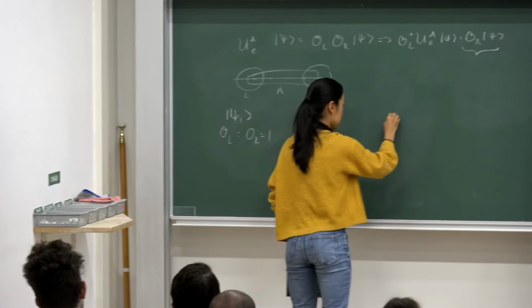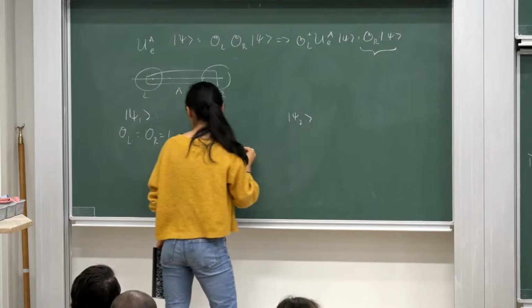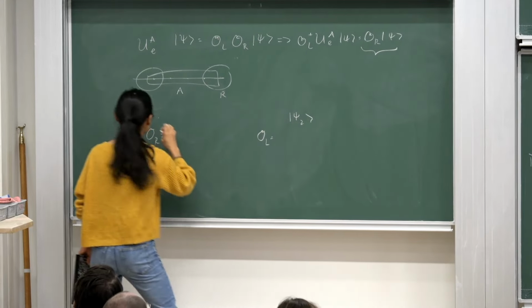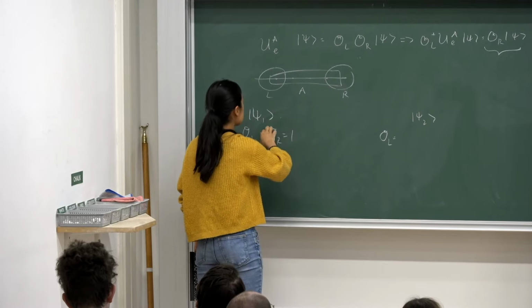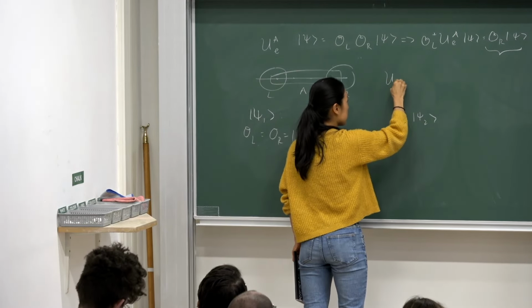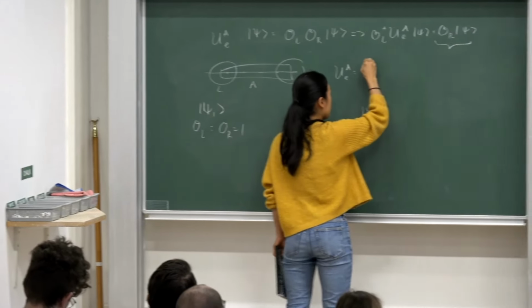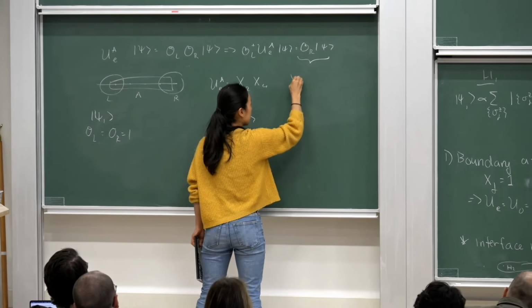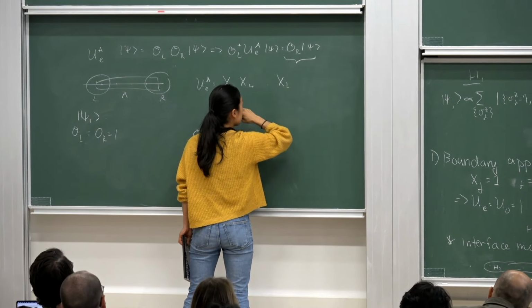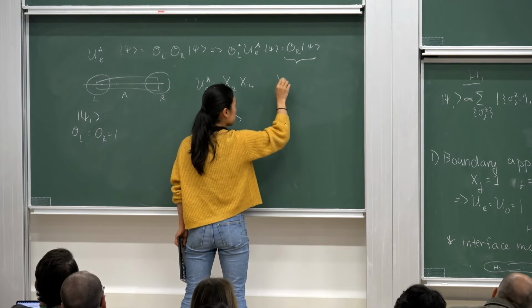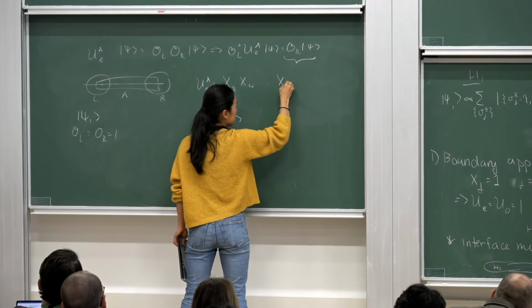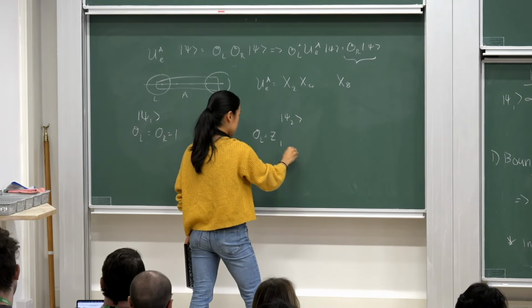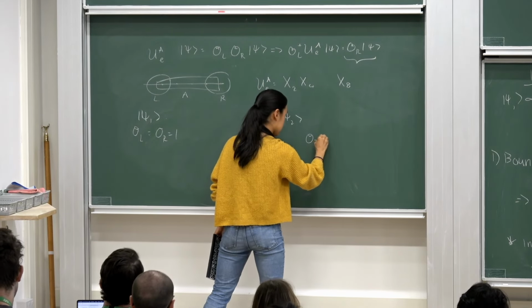However, with psi 2, let's call this an interval for U even A from x_L to x_R, say 8 for concreteness. Then O_L will be Z and O_R will be Z.